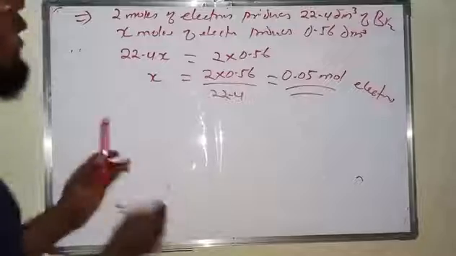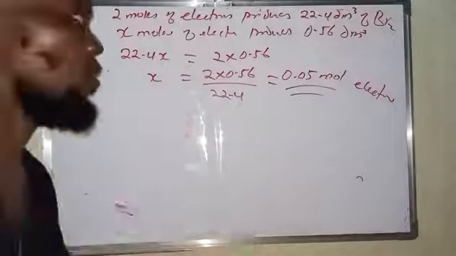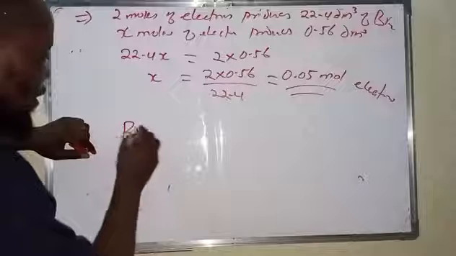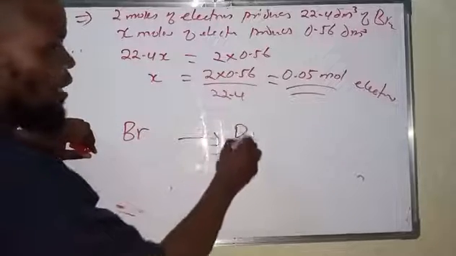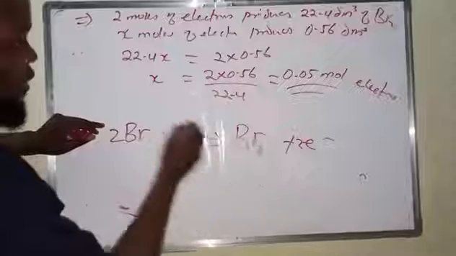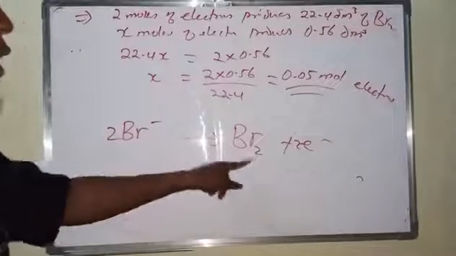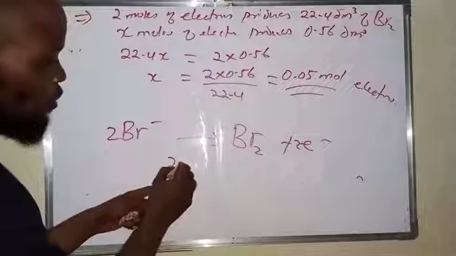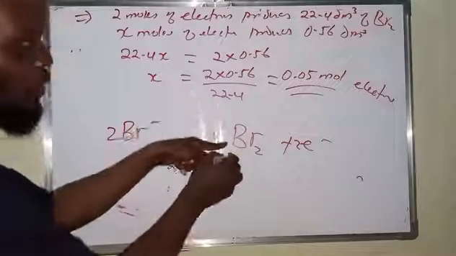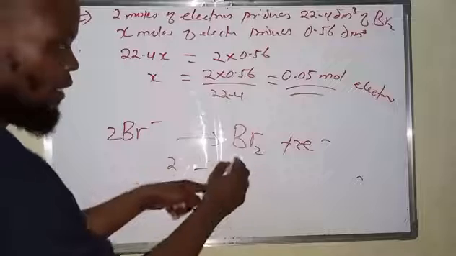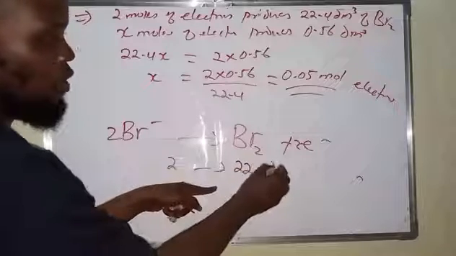So the question is simple, it's just a simple relation. You first have to write the balanced half equation that gives this bromine. Then from here we can say that 2 moles of electrons give 1 mole of this. But because we want to work in volume, then 1 mole of the gas has a volume of 22.4 dm cube.